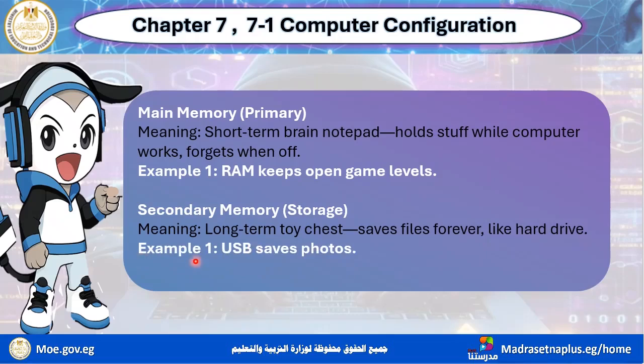As an example, a USB saves photos. So you can save these photos inside it without losing them ever. Example 2, a hard disk stores all games. And we know that the hard disk is something that can be used for a long term. Okay, it saves things.